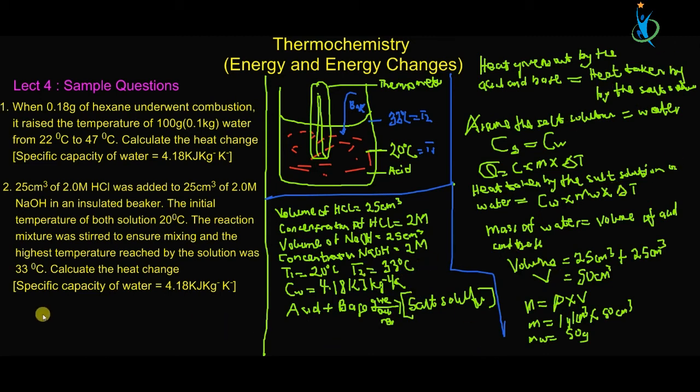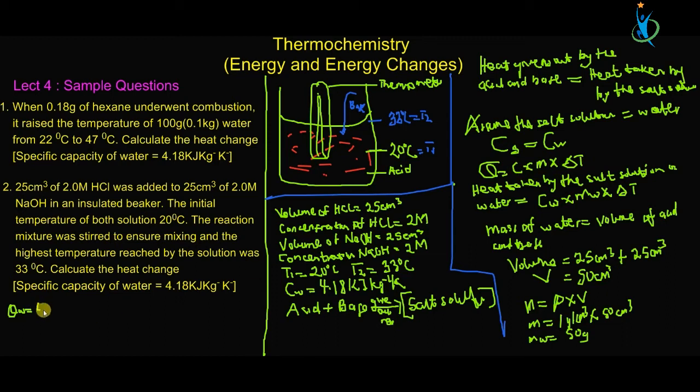So quickly let's move here and find the heat change. The heat change is equal to the heat taken by the water. So the heat taken by the water is what the question is looking for as the heat change. Have you gotten that? So you just multiply the figures.